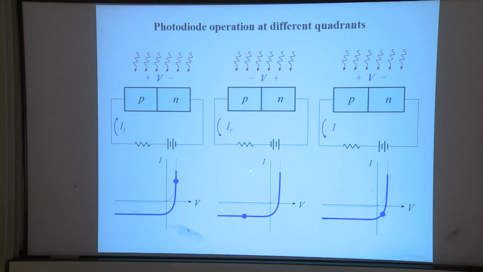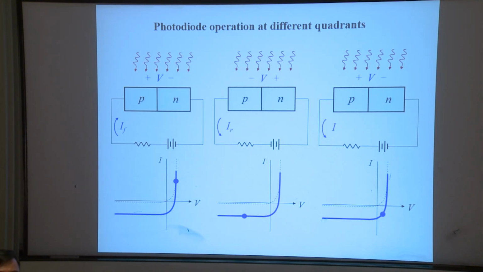Okay, so we know this. Now, how about the third possibility, the third point? Here, we are forward biasing it, right? Forward biasing it, but the current is actually in the negative direction.